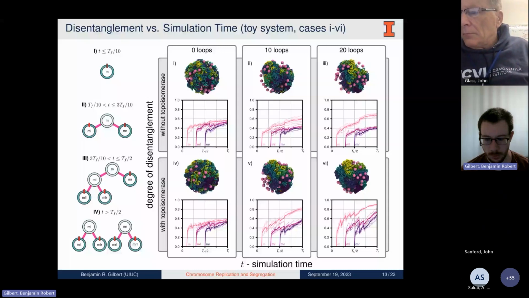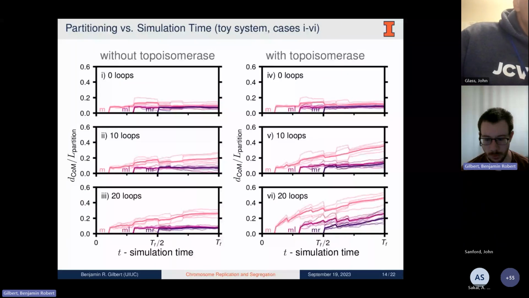So that's why you see with 0 loops, you don't see any disentanglement. And the same is true of the partitioning, where we're now looking at the distance between the centers of mass of the chromosomes relative to an ideal partitioning in the spherical cell. And we observe exactly the same trends, where you need both looping and topoisomerase to effectively segregate the chromosome.